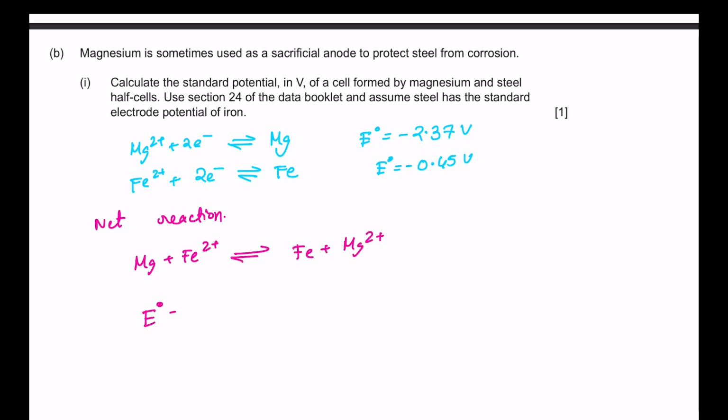The E naught for Mg to Mg2+ is just the reverse of this reaction, so the E naught value will be +2.37, and Fe2+ to Fe is just this one, so -0.45. If we add them together, we'll get 1.92 volts, and that is the answer to this question.